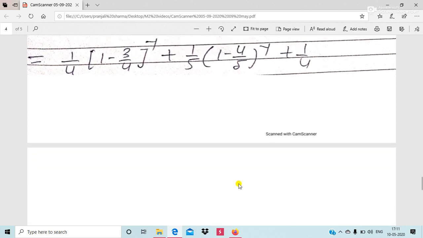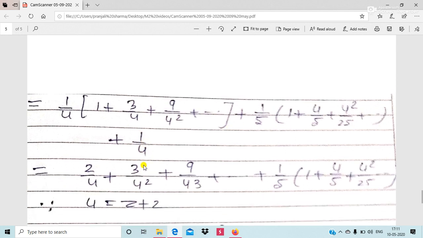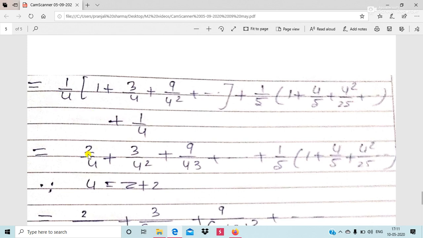So it will be 1 upon u into 1 plus 3 by u plus 9 by u square and so on up to infinity, plus 1 by 5 into 1 plus u by 5 plus u square by 25 and so on up to infinity, plus 1 by u. If we multiply by 1 by u, the series will finally be 1 by u plus 1 by u, which is 2 by u, plus 3 by u square plus 9 by u cube and so on up to infinity.